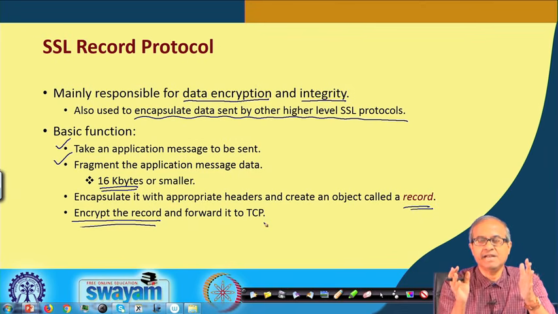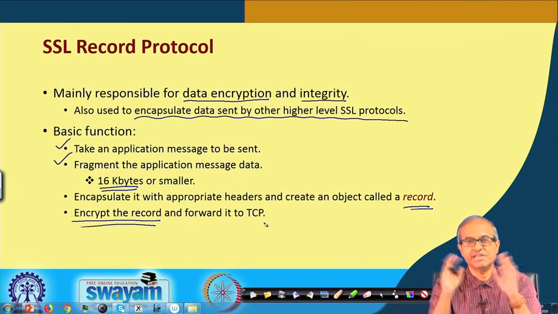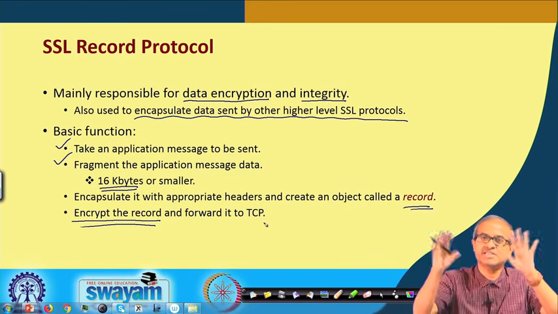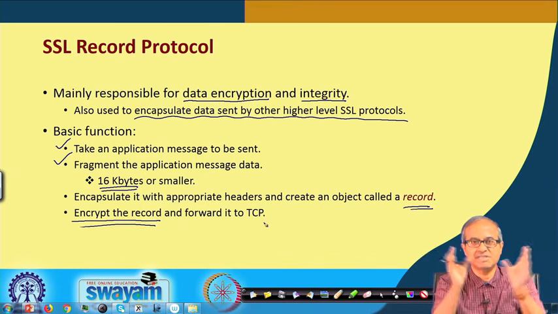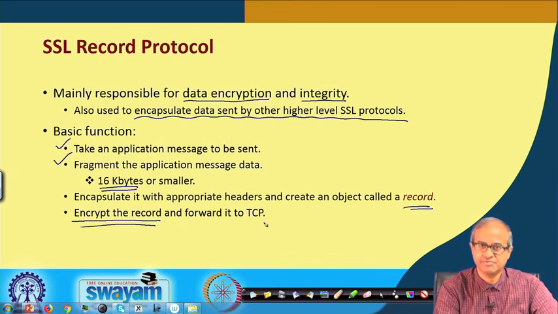The encrypted data is sent to TCP as a message. So, TCP does not know what it is; the encrypted data just comes to TCP as a message, which TCP sends to the other side. But before that, all these things happen: breaking up a larger message into smaller 16 kilobyte chunks, encrypting them, and so on and so forth. Okay.